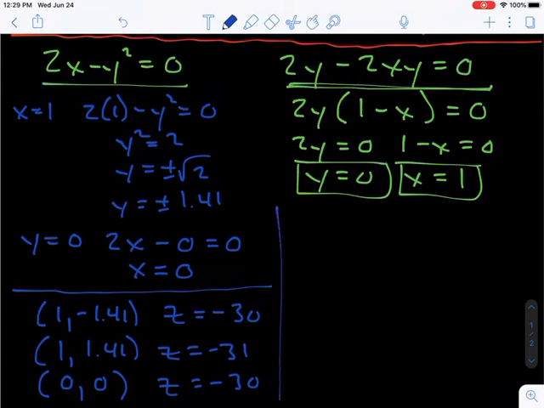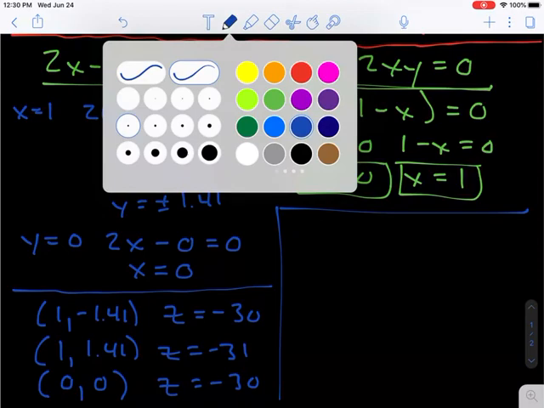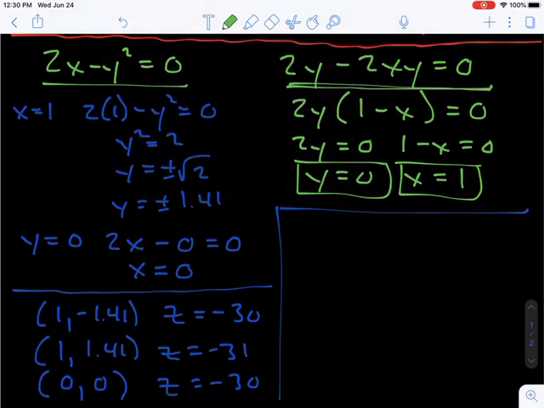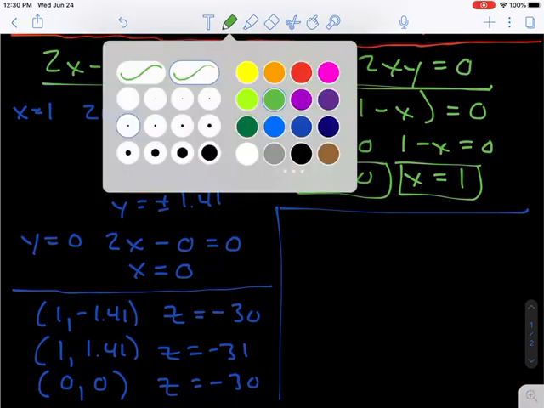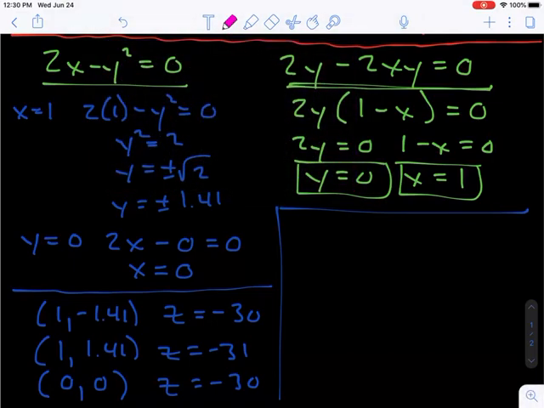Now the last thing we need to do for classifying, now that we have our points, is use the Hessian. So the Hessian is fxx times fyy minus fxy squared.